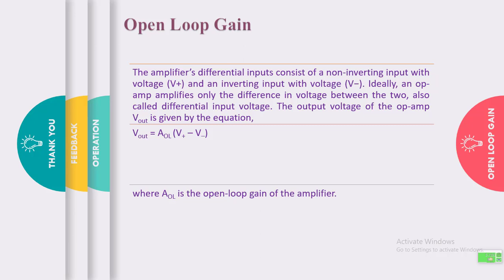So here we see that the open loop gain is AOL. The output of the op-amp is the open loop gain times the non-inverting terminal voltage minus the inverting terminal voltage.